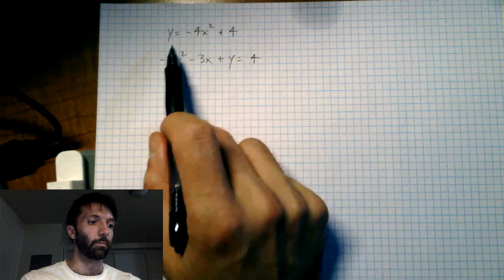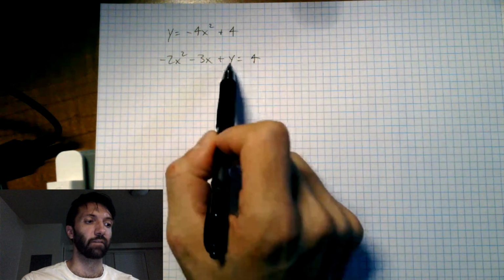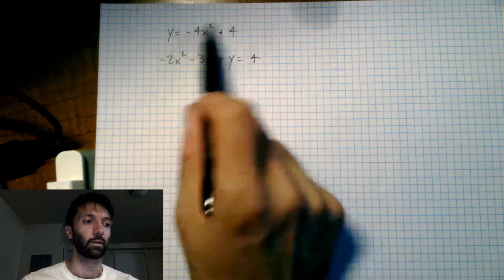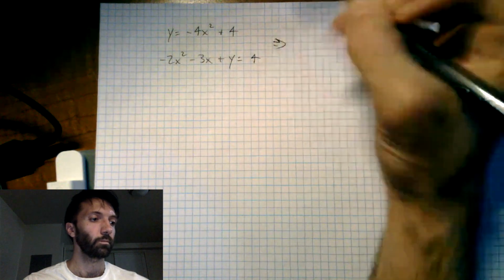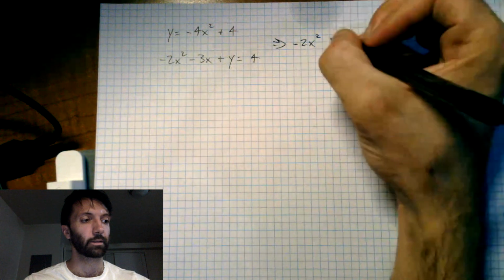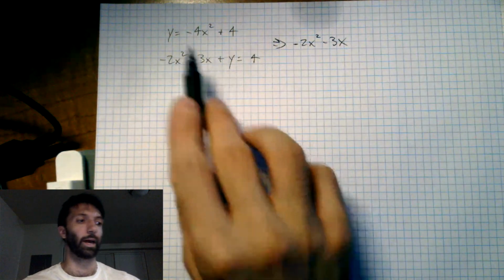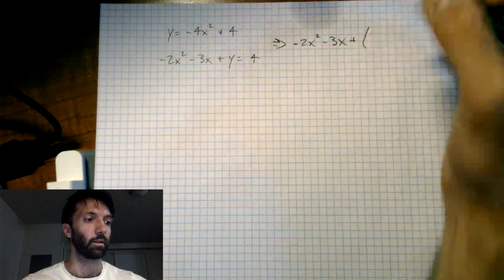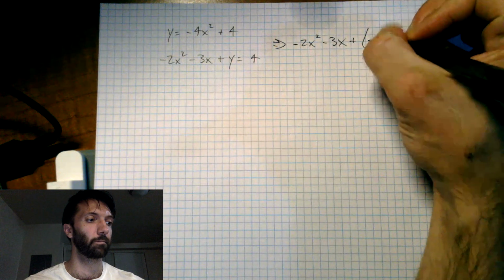So I'm going to recopy this bottom equation here, except instead of y, I'm going to write negative 4x squared plus 4. So I have my negative 2x squared minus 3x. Now instead of plus y, I'm going to add this expression. I'm going to put this expression in parentheses for now.